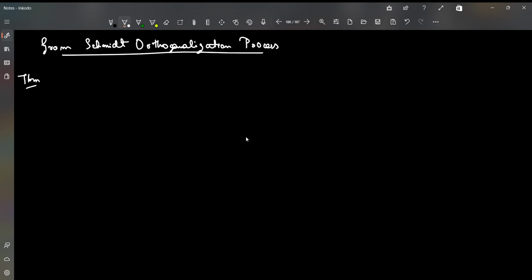The theorem is as simple as we just stated: you have an orthogonal basis in any inner product space. It can be framed like this.